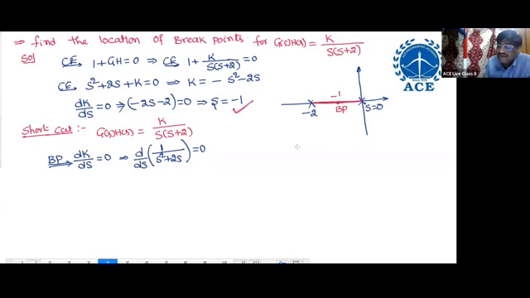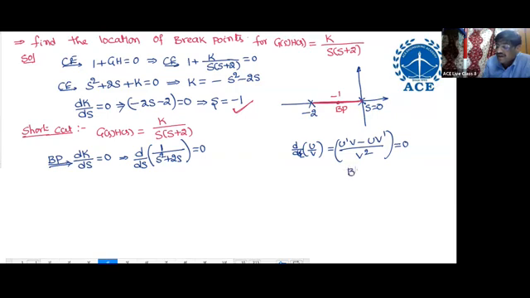Now differentiate. Differentiation of u by v is u dash into v minus u v dash divided by v square. Make it equal to 0.